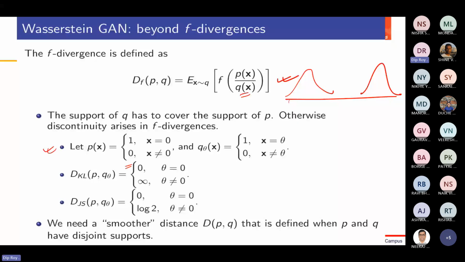All right, and that brings us to the next topic of GAN, which is called the Wasserstein GAN, or the W GAN.